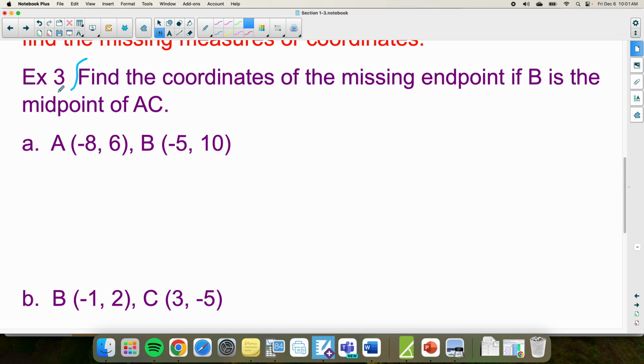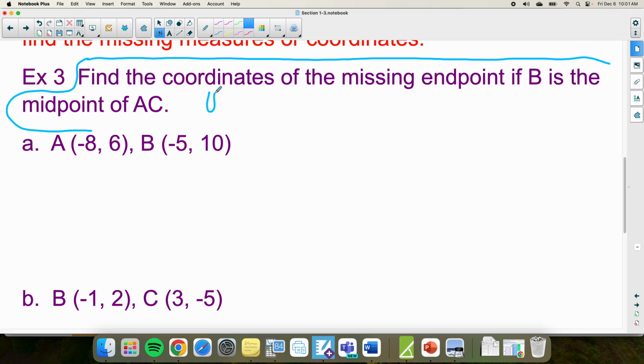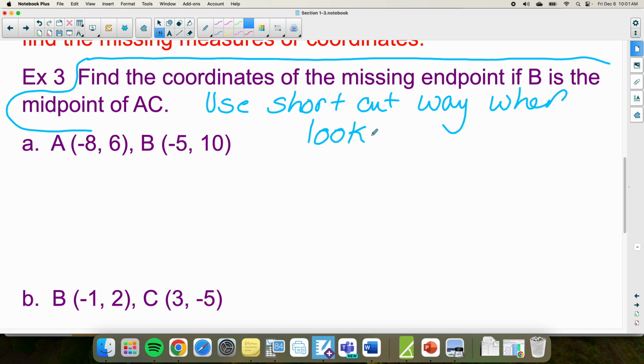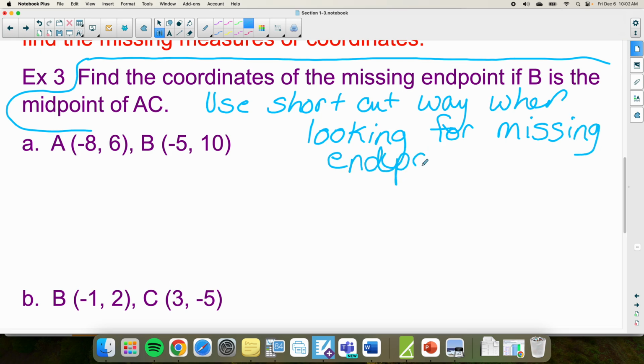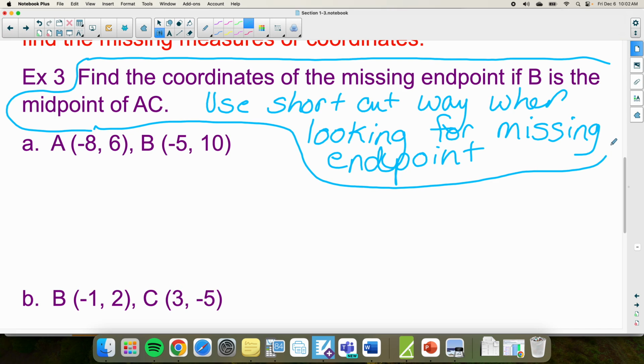And what I'm gonna have you guys do is copy these directions down. I'm gonna say, use shortcut way when looking for missing endpoint. So we're going to use the shortcut way when looking for the missing endpoint.